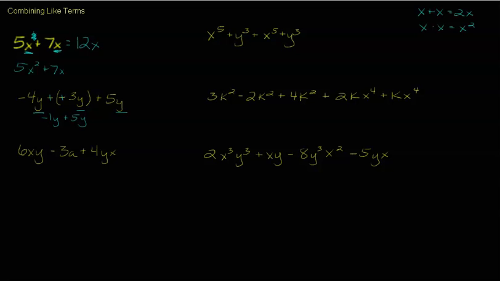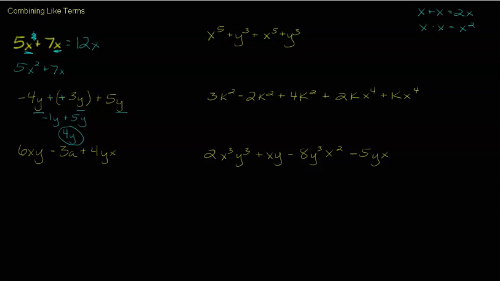Negative 1y plus 5 is 4y. And that would be our answer. That's as far as we can go. We're simplifying things, combining and putting as much together as possible. Again, it's not to the third or anything. We just can put the like things together.